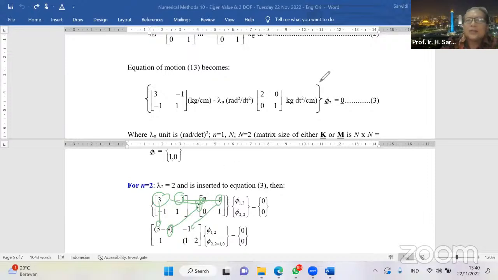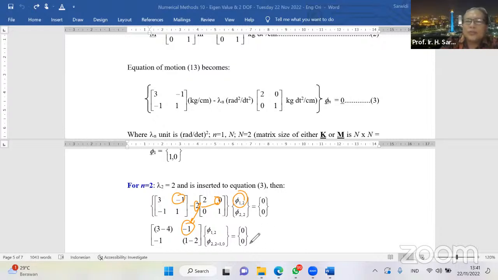Okay, but I use a different color. So minus 1 minus 2 times 0 equals to 1, minus 1 here. Next, of course this becomes 0, 1 here.